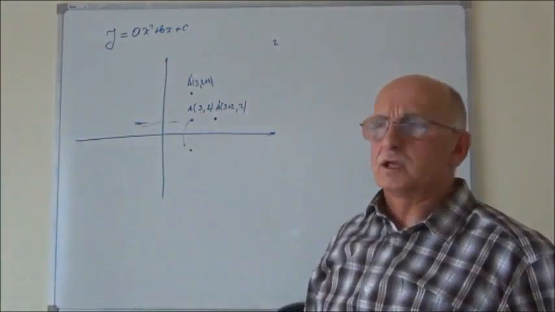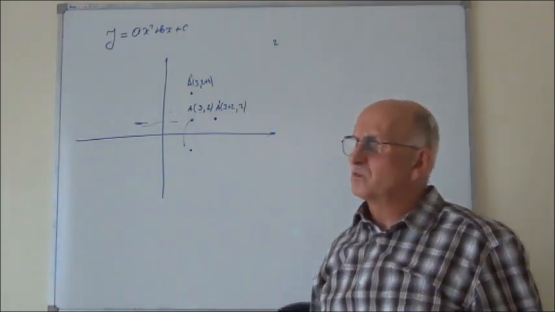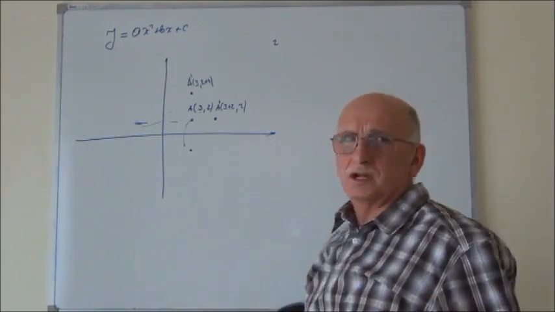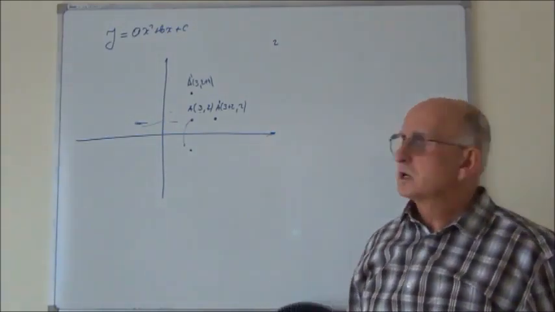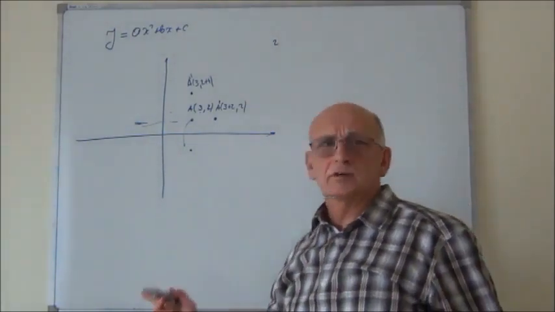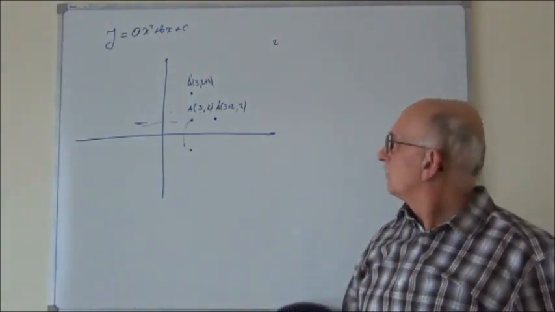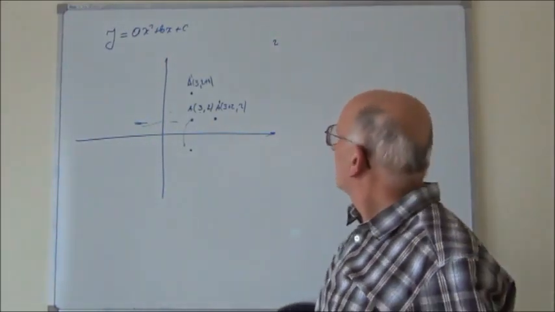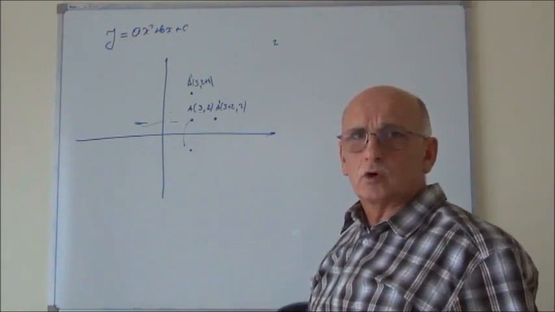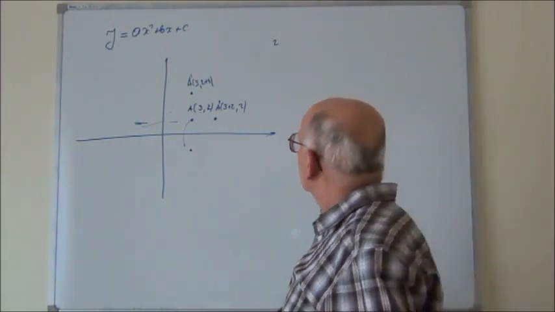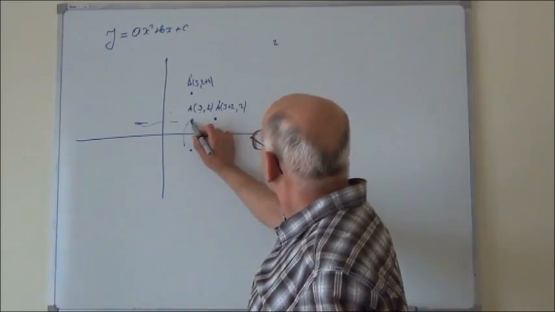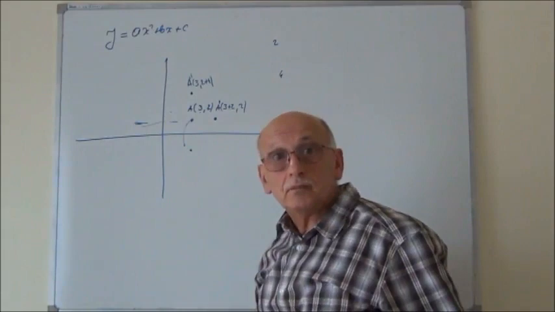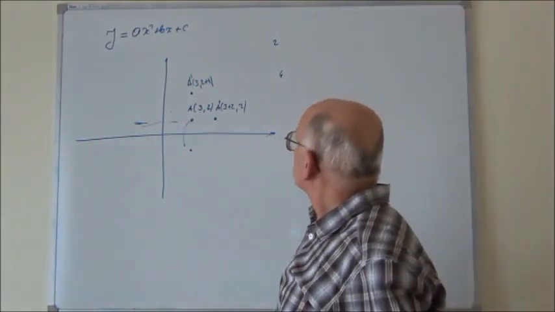The dilation factor is a bit more complicated to understand, because there are 2 different dilations, dilation from the x-axis and dilation from the y-axis, but for a parabola we will talk only about dilation from the x-axis, in the direction of the y-axis. Let's say this point is dilated by a factor of 2 from the x-axis.